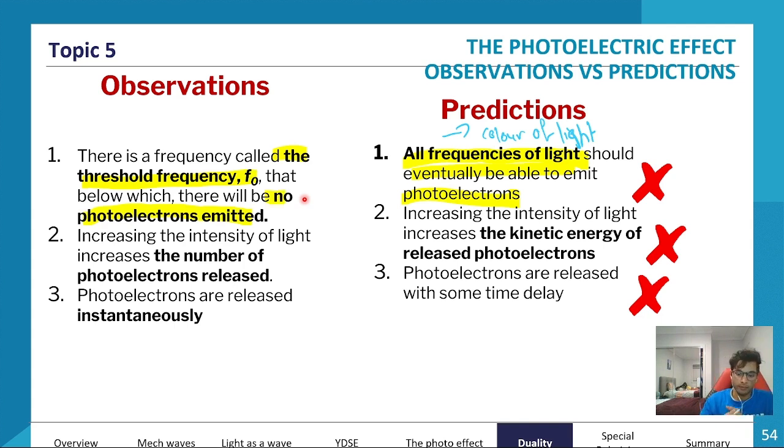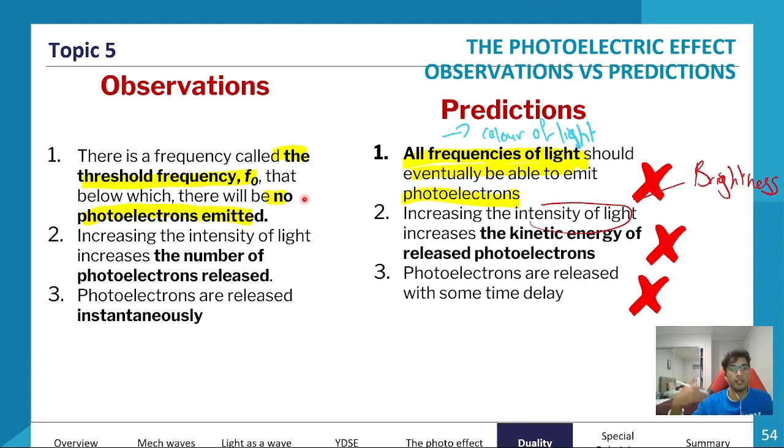The second thing that was believed was that the intensity of a light, which is basically the brightness of the light, would impact the kinetic energy of the electrons.